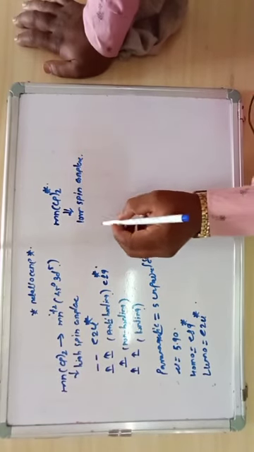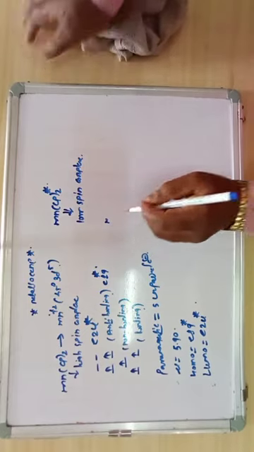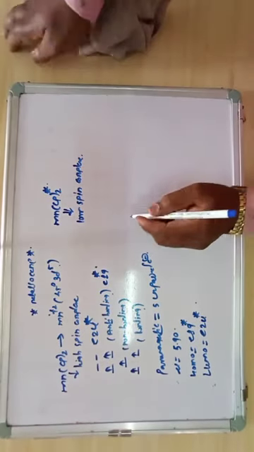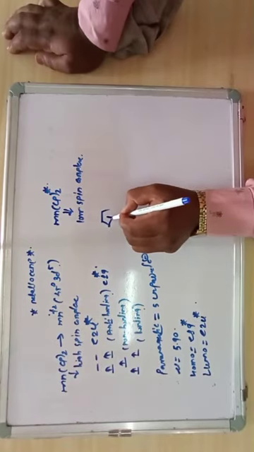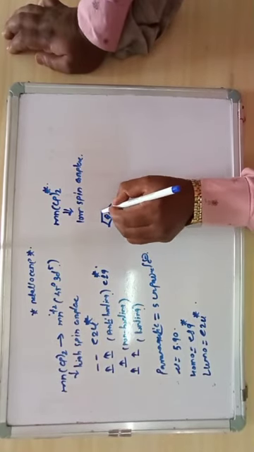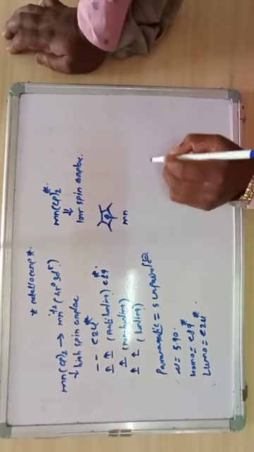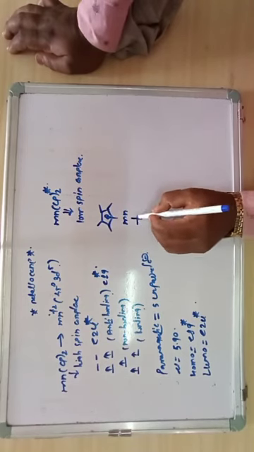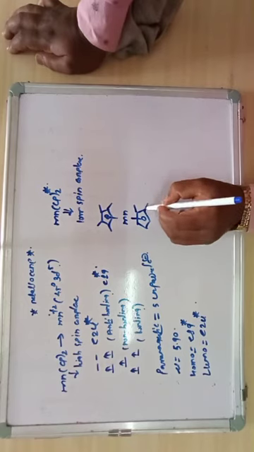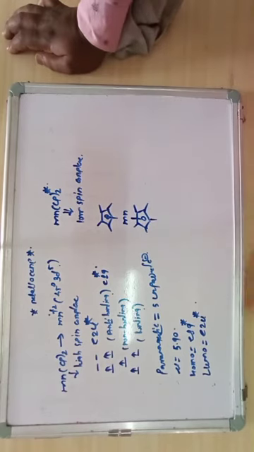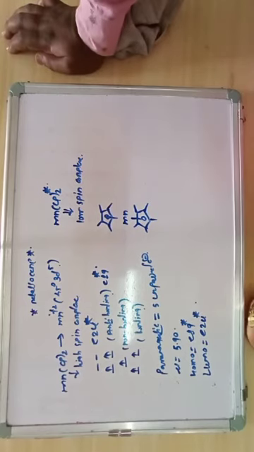If you consider the structure, that is Mn, it is attached to the cyclopentadienyl ligands, and all these sites are substituted. Both the cyclopentadienyl ligands are substituted.